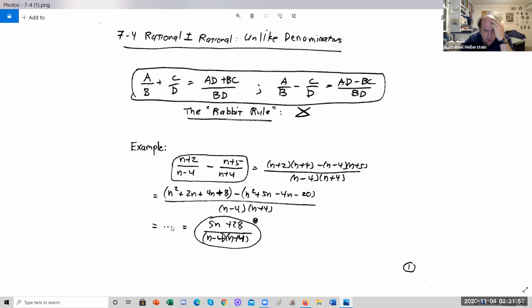And okay, a number of steps later, n squareds cancel, 2n plus 4n minus 5n minus a negative 4n comes out to 5n. 8 minus negative 20 is 28. So 5n plus 28 over n minus 4 times n plus 4.